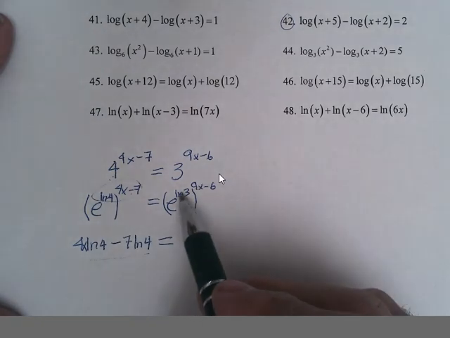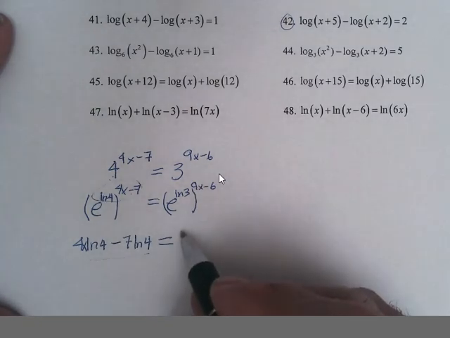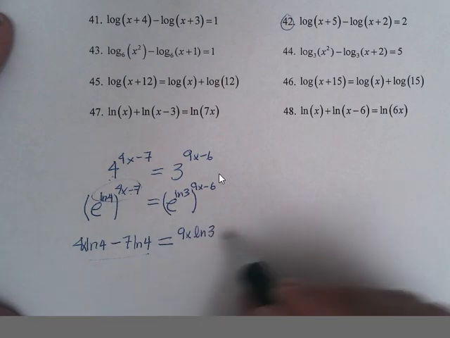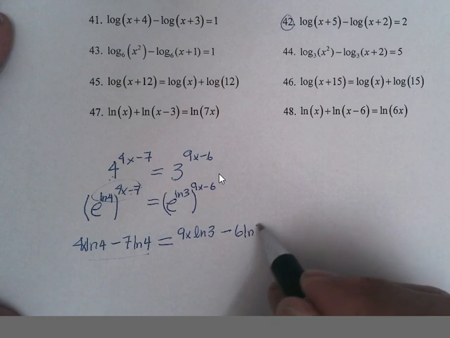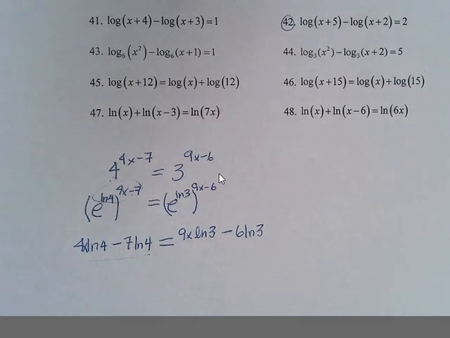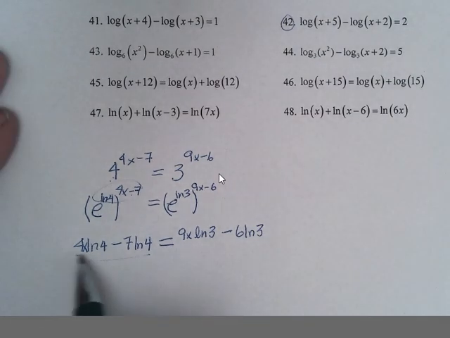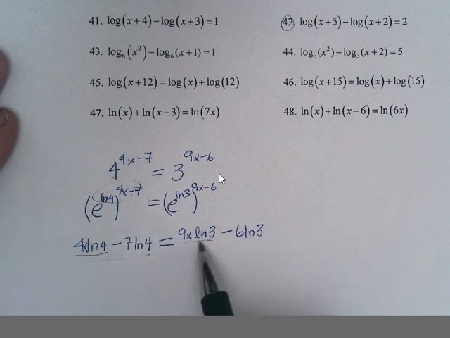And this would expand to be 9x ln 3 minus 6 ln 3. There's an x in this and an x in this, so I'm going to subtract this one from this one.